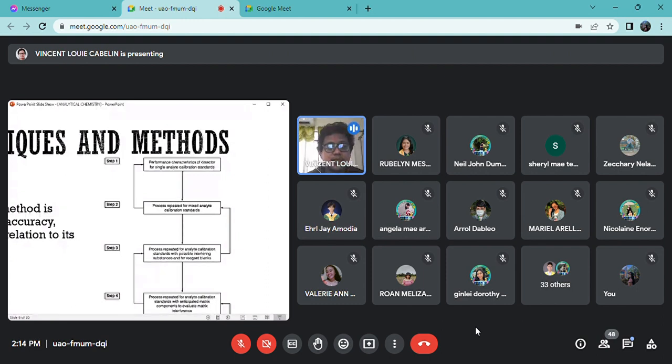So most likely, that's not 1,000 ml. It could be 900, 975, or 1,000.01, more or less than 1 liter. But we have what we call acceptable error.